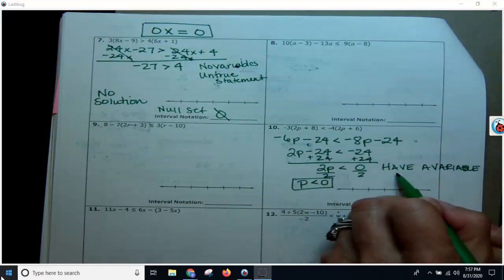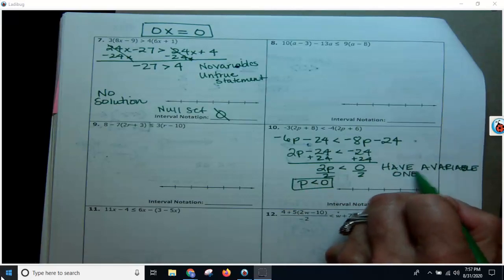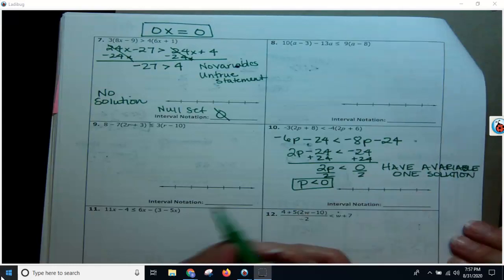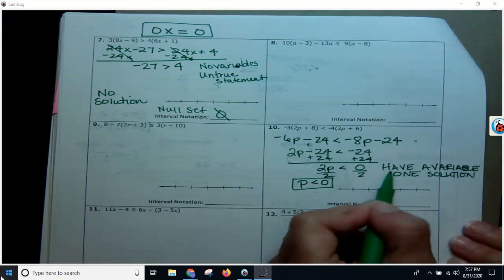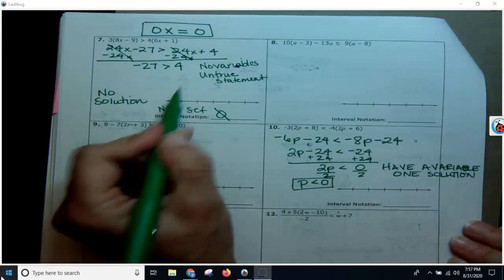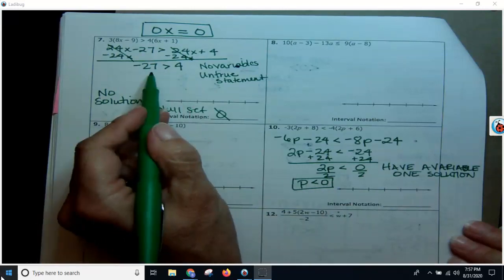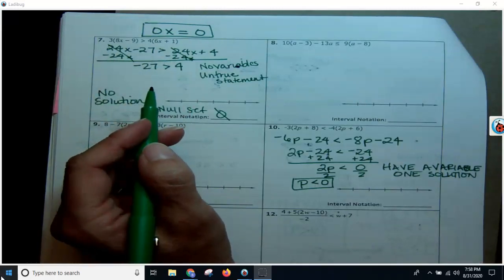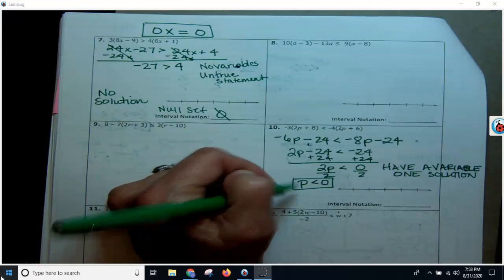This is my solution. I have one solution. So, just keep in mind that if you have a variable, then you can keep going. Up here, our variables had the same coefficient, so they were eliminated. At this point, I still have a variable.